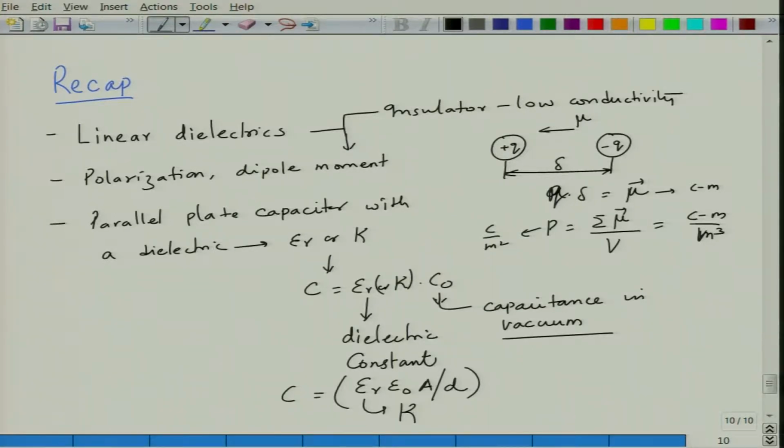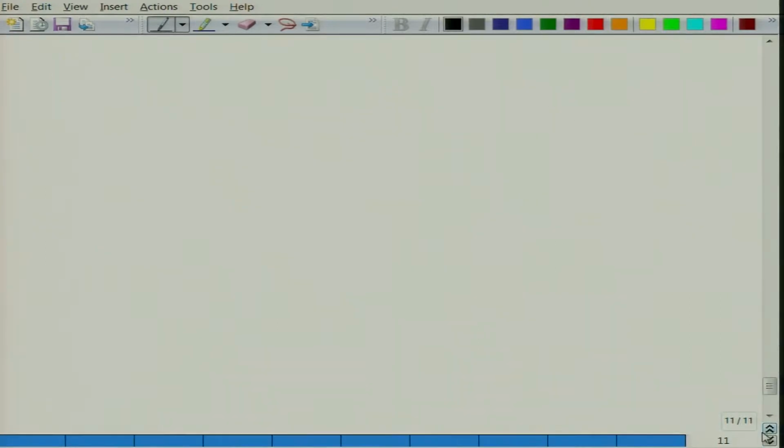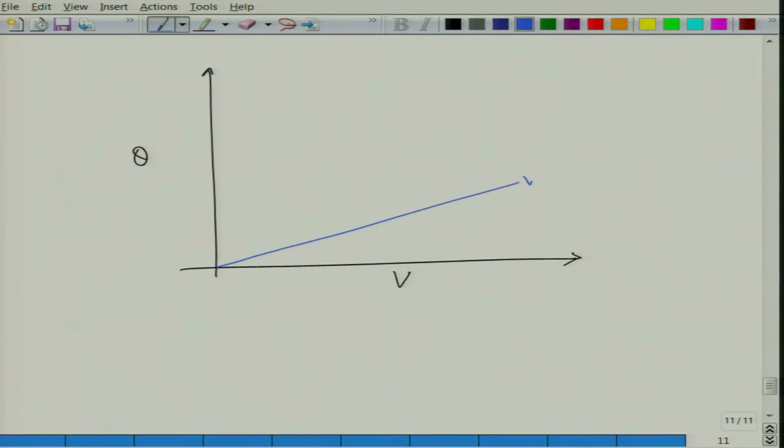Now when you make a plot of Q versus V for a capacitor, for a vacuum it is something like this. Q is equal to CV.